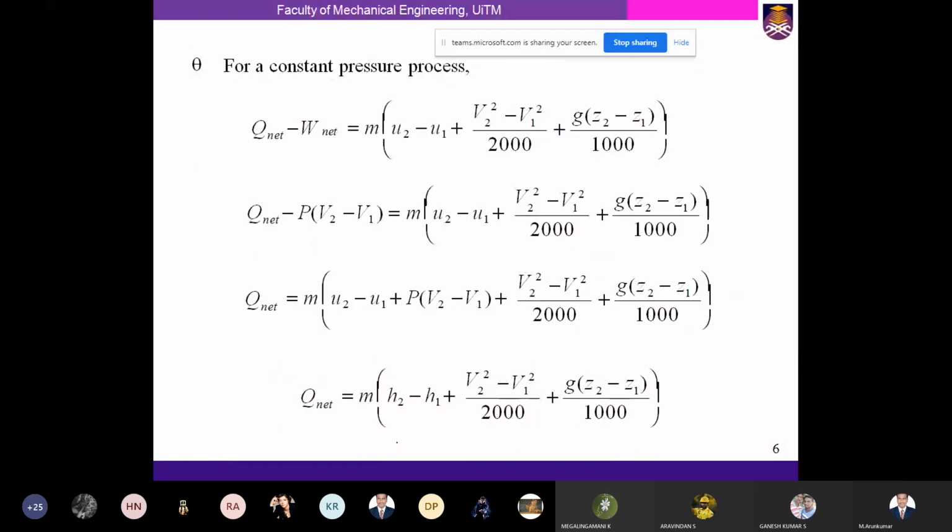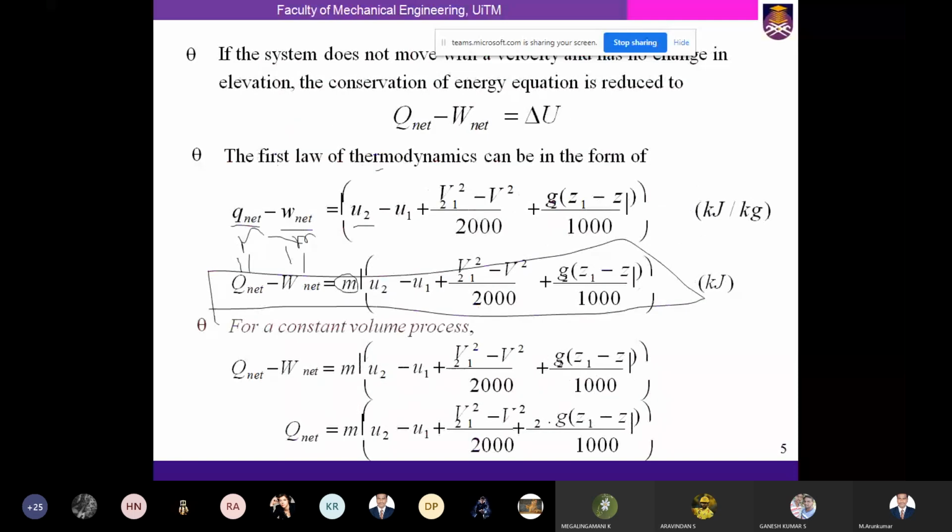There is an error in the PPT. Just note down the change in kinetic energy of V2 square minus V1 square, and your change in potential energy will be g into Z2 minus Z1. Just make a correction in this.